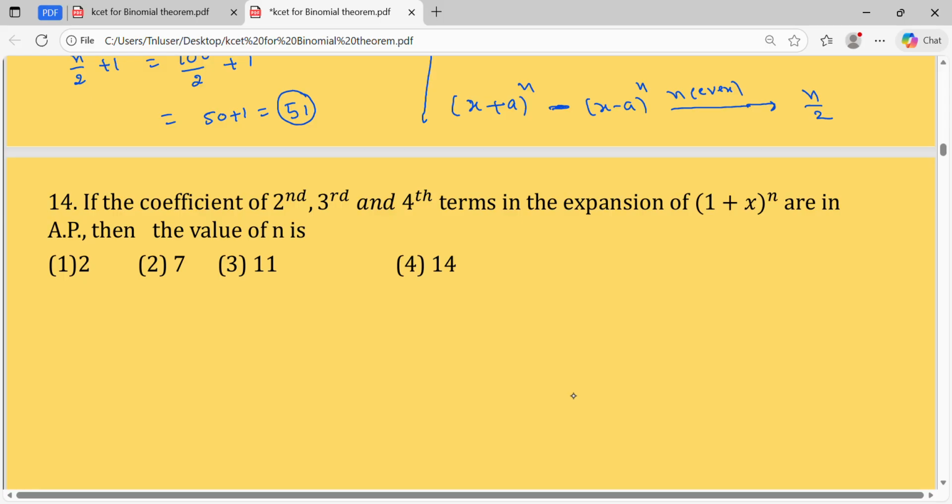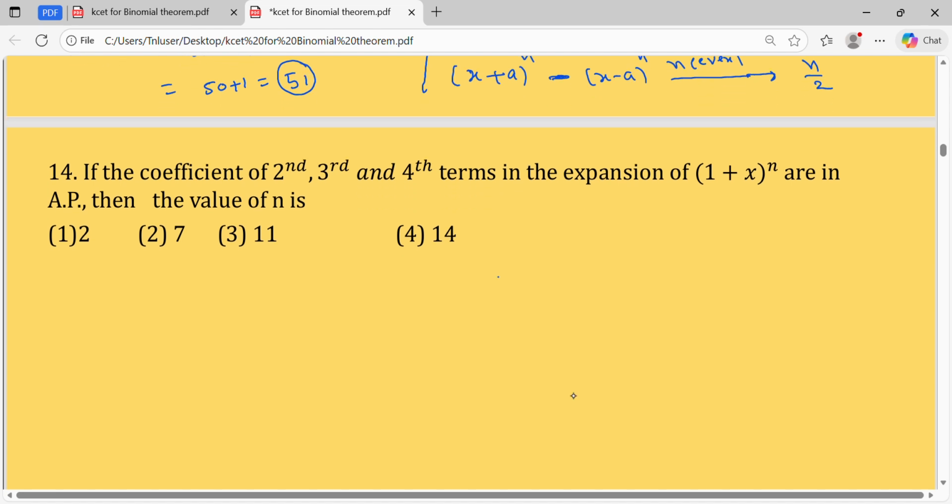If the coefficients of the second, third and fourth terms in this expansion are in AP, for this problem use the following formula.